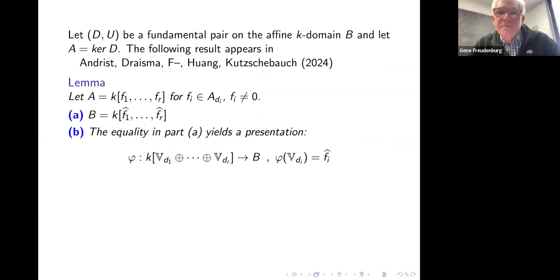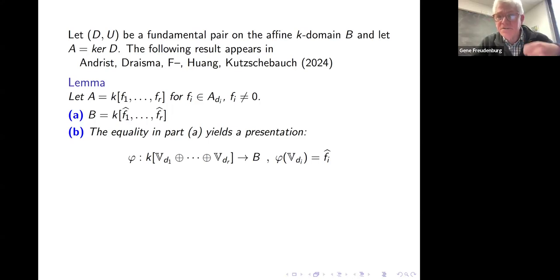So let D, U be a fundamental pair on our affine k-domain B, and let A be its kernel. The following result appears in a recent paper, given there with my co-authors. So let A be generated... Of course, A is always finitely generated in this setting, as is well known. So let F_1 through F_r be a finite set of homogeneous generators. Then B is generated by those vector spaces F_1 hat through F_r hat, okay?